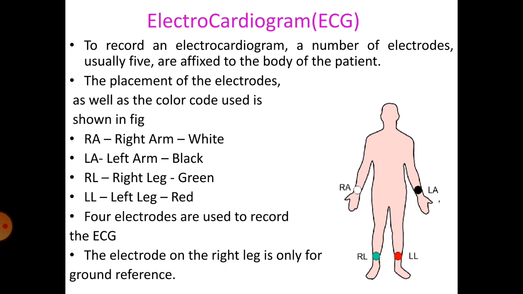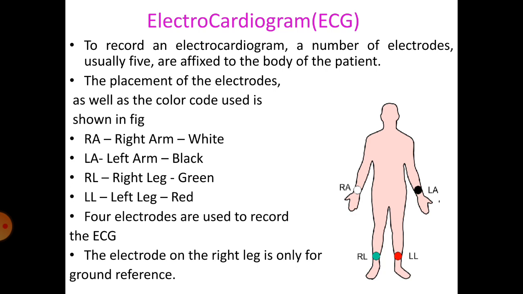So this diagram shows the recording of the electrocardiogram, that is ECG. Here a number of electrodes, usually 5, are fixed to the body of the patient. The placement of the electrodes as well as the color code is used. RA means right arm, that is white.